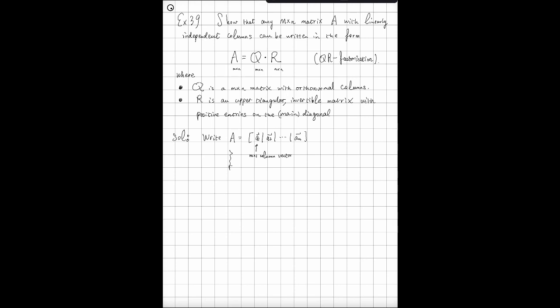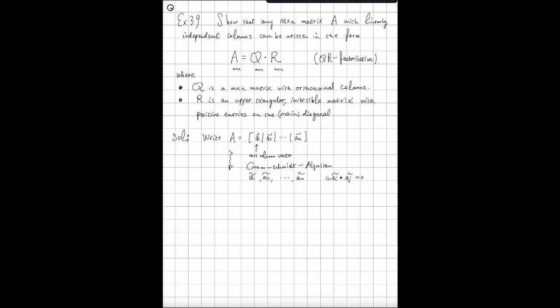With the Gram-Schmidt procedure or algorithm, we get A1 tilde, A2 tilde, AN tilde, so they are orthogonal to each other, and secondly they have the same span.